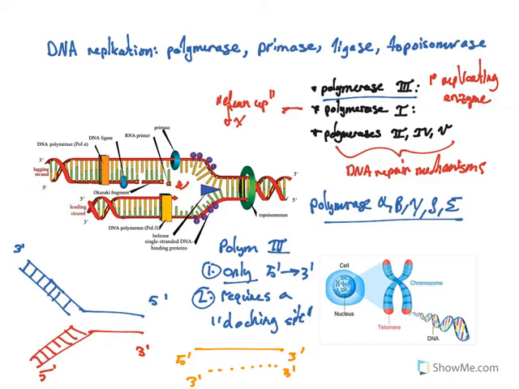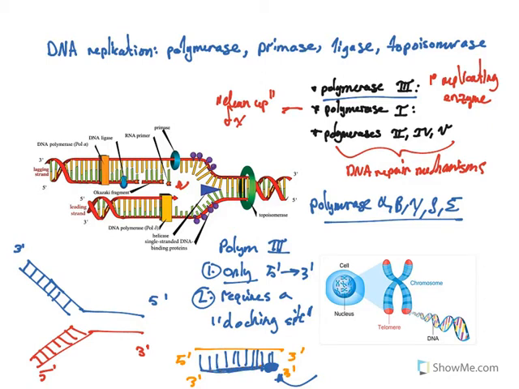Well, in order to essentially latch on, it needs something already there. It needs like a docking site in order to come in, latch on, and then start making the replication strand, and then making complementary base pairs. If there's nothing there to dock on, well, it can't even start making this new strand.